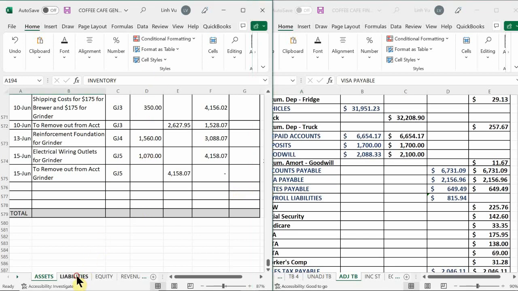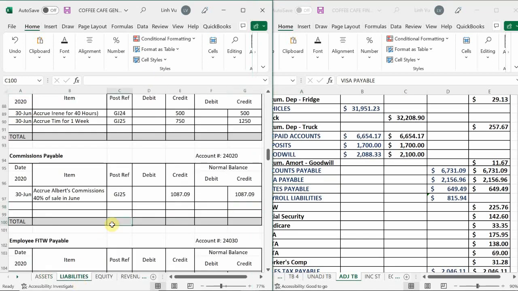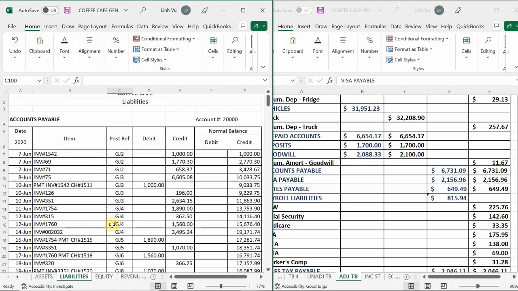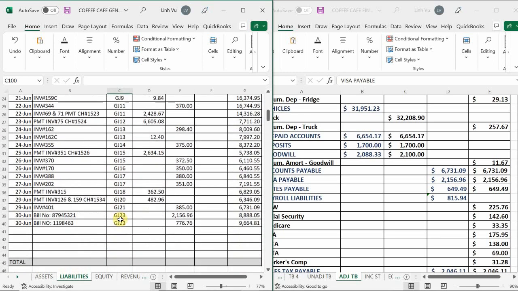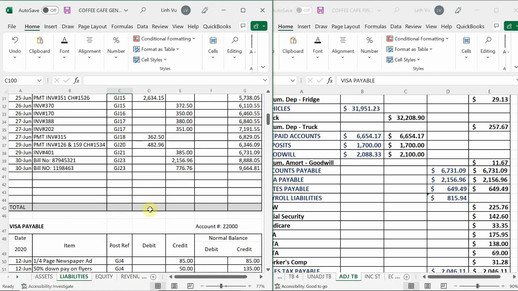Now I need to move on to my liabilities. Starting with the very first one, we have accounts payable, right? So my adjustment total is currently at $9,000.